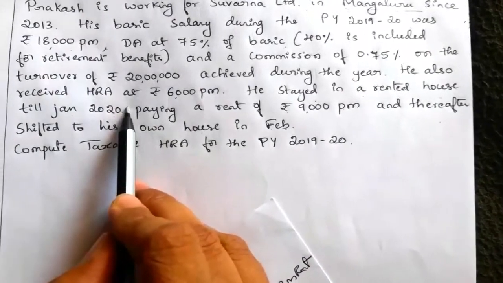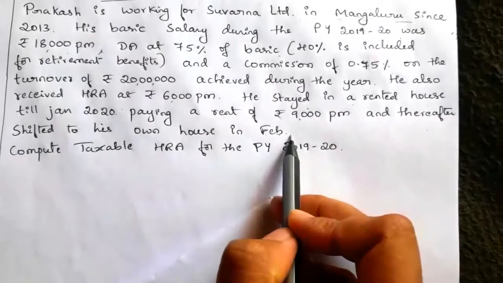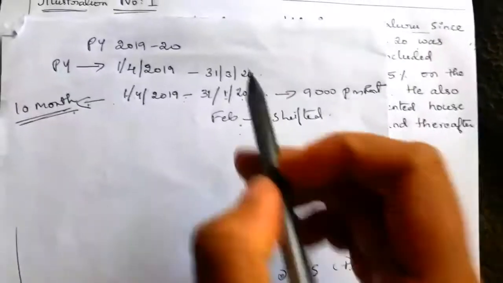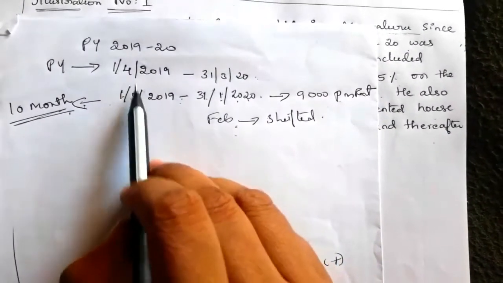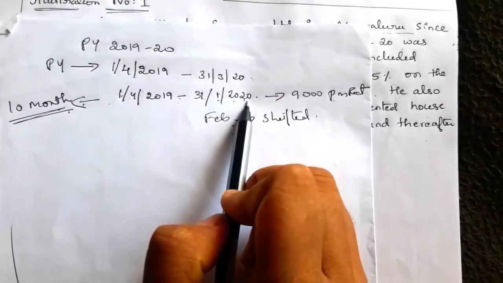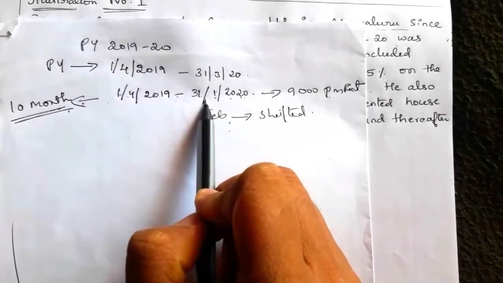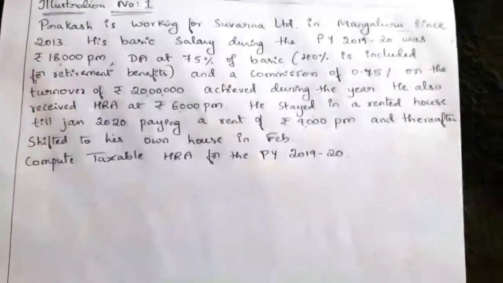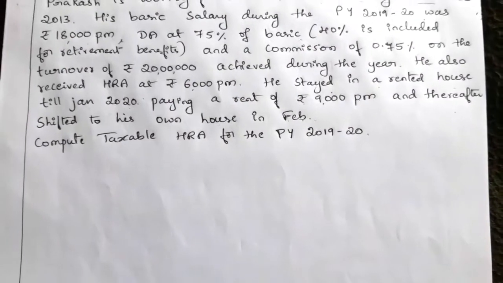From February 1st he shifted to his own house. So February and March we have to exclude in the previous year, and we have to include from 1st April to the period he stayed in the rented house. With this information we have to compute the taxable HRA for the previous year 2019-20.